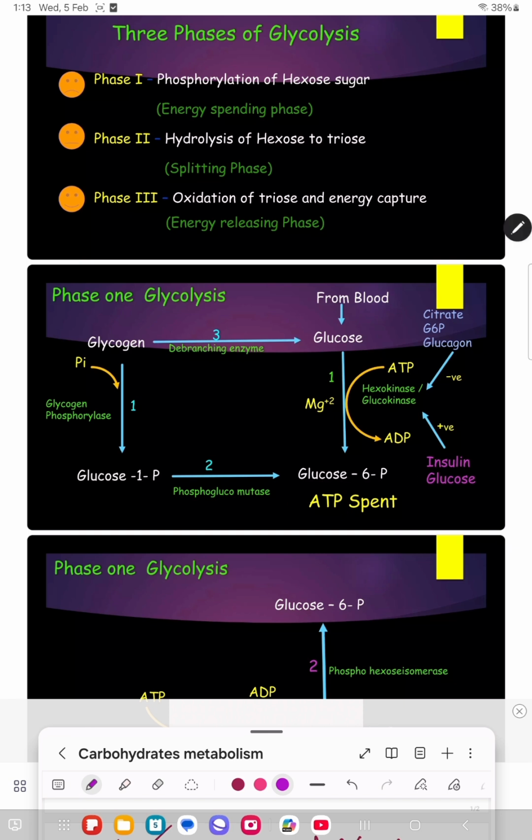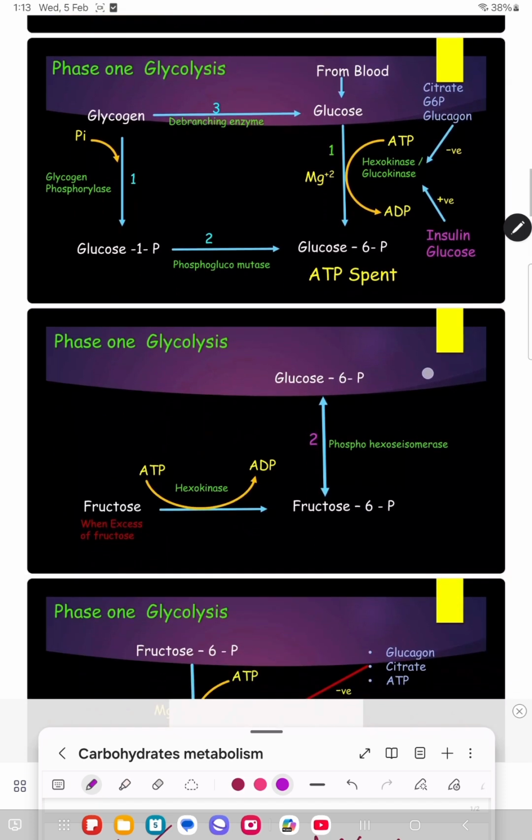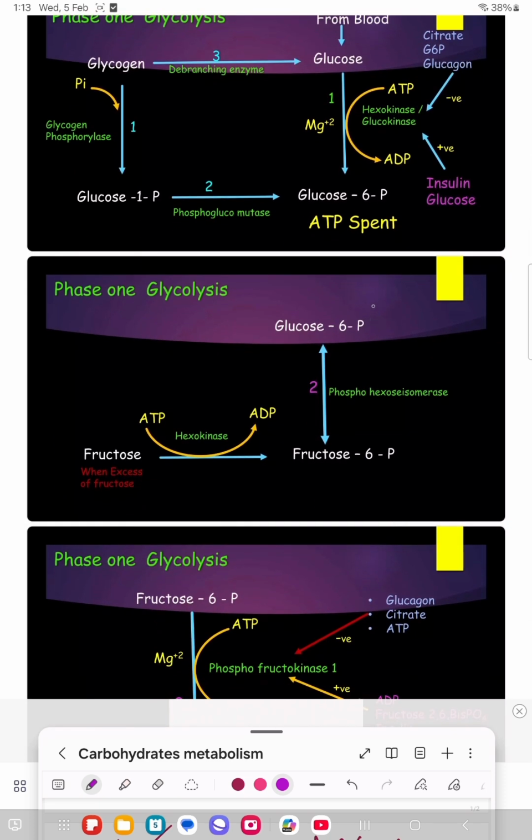First glycogen is converted into glucose 1-phosphate, and finally into glucose 6-phosphate. When there is glucose from blood, it is directly converted into glucose 6-phosphate with the help of magnesium ions and an ATP molecule. Understood?